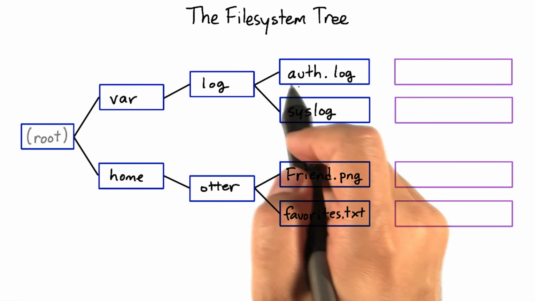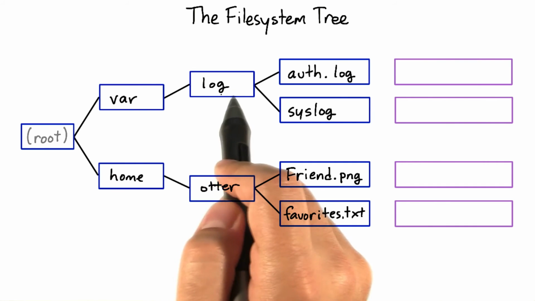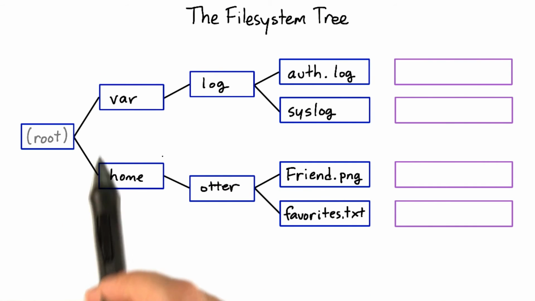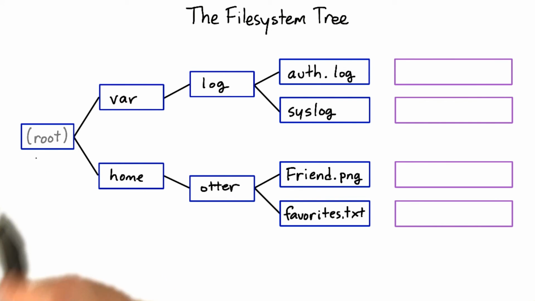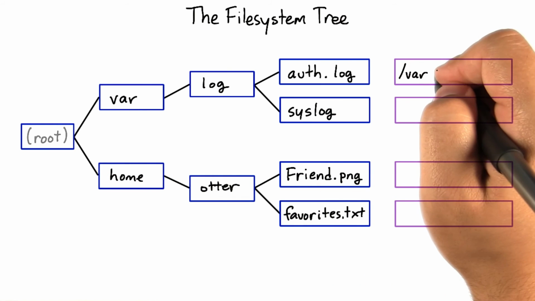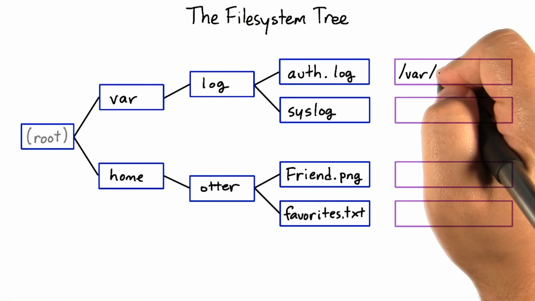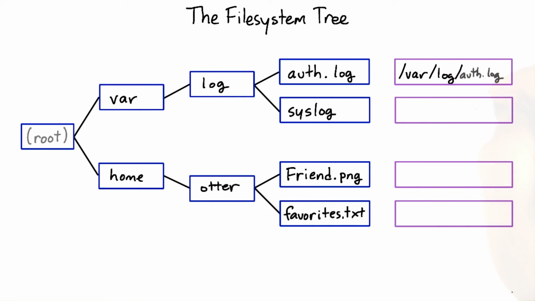So for instance, here's a file called auth.log, which is inside a directory called log, which is inside a directory called var, which is inside the root directory. So to give the full path name, we start at the root, write /var/log/auth.log.